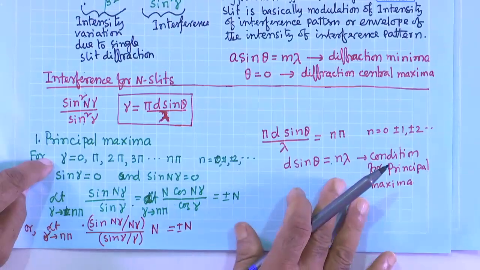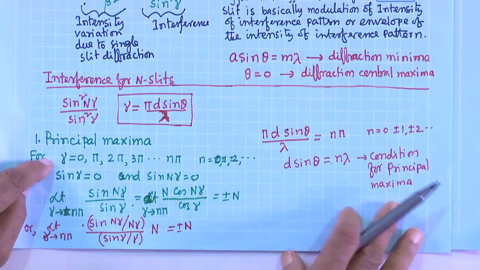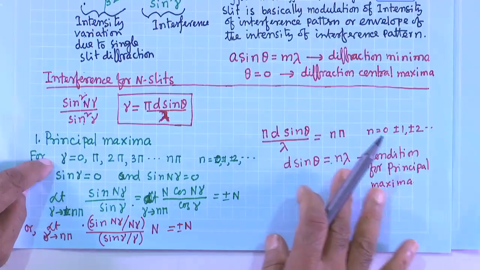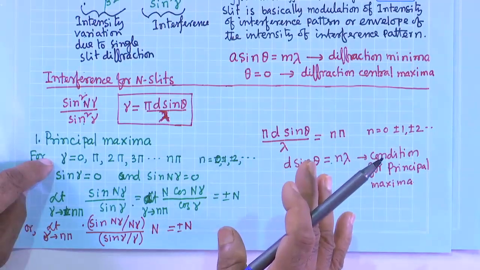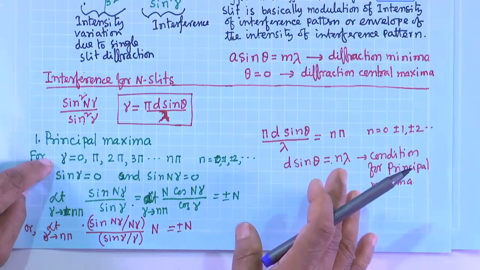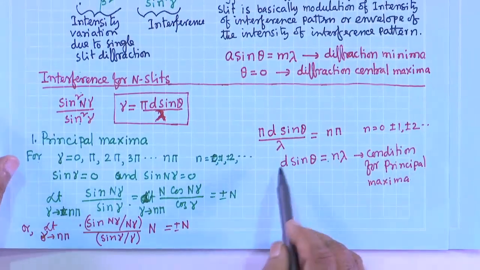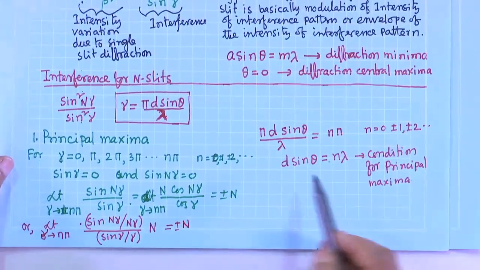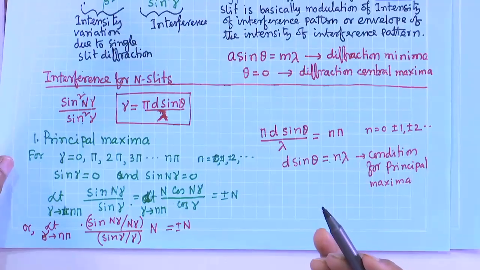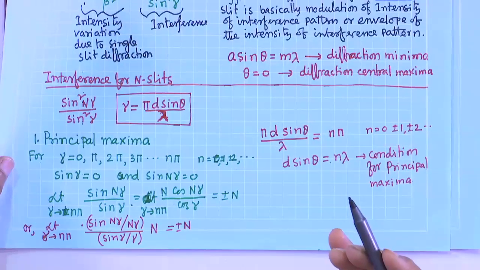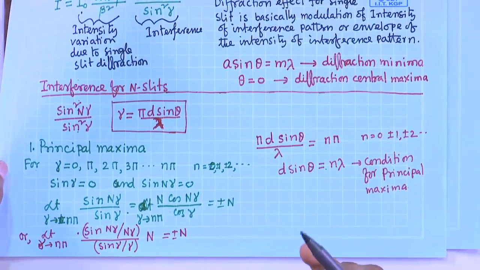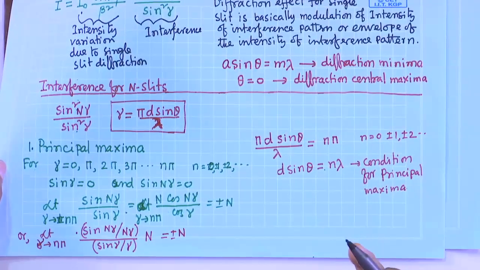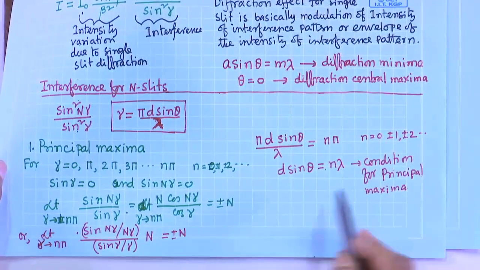This condition is called the condition for principal maxima. It is exactly the same condition as for interference maxima, which we have seen for the double slit. But for n slits it is not just the interference maxima. Here it is a maxima, but there are other maxima, so that is why we call this the principal maxima.